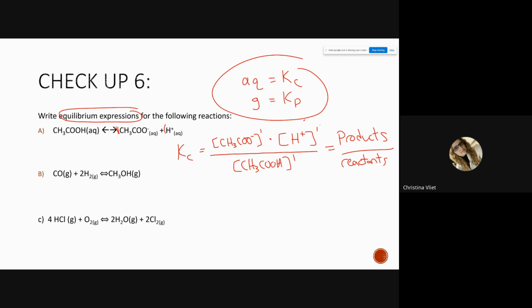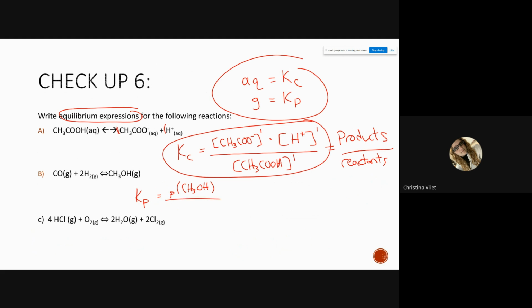Is the second one a Kc or a Kp? Kp. So we've got to get used to that format. Kp equals product on the top, reactant on the bottom. So we're going to do CH3OH, with a little p.